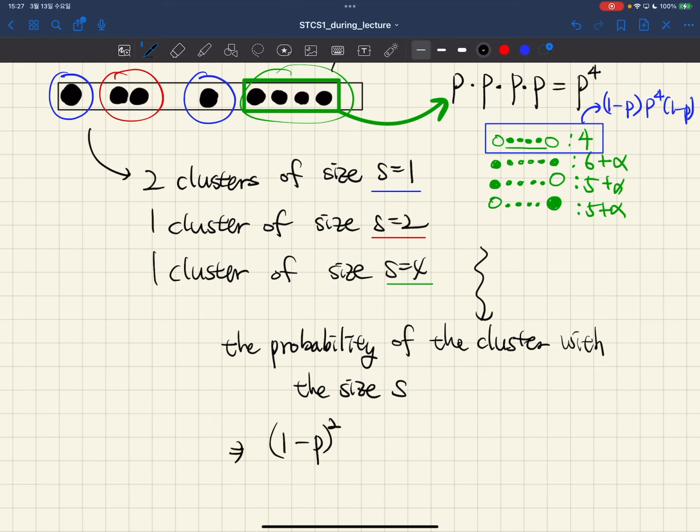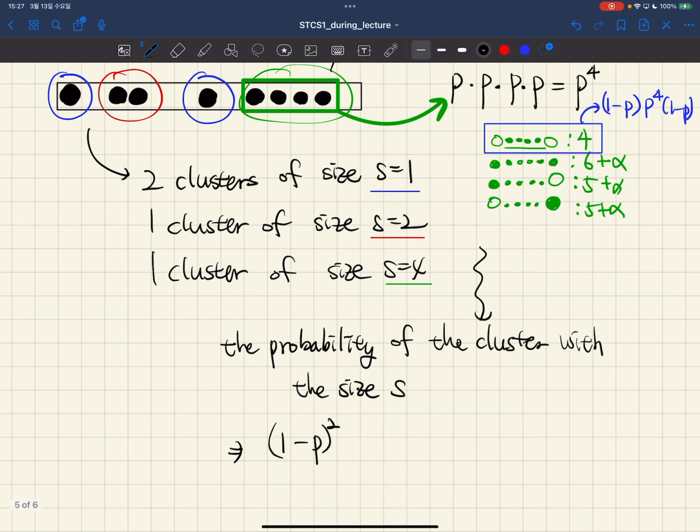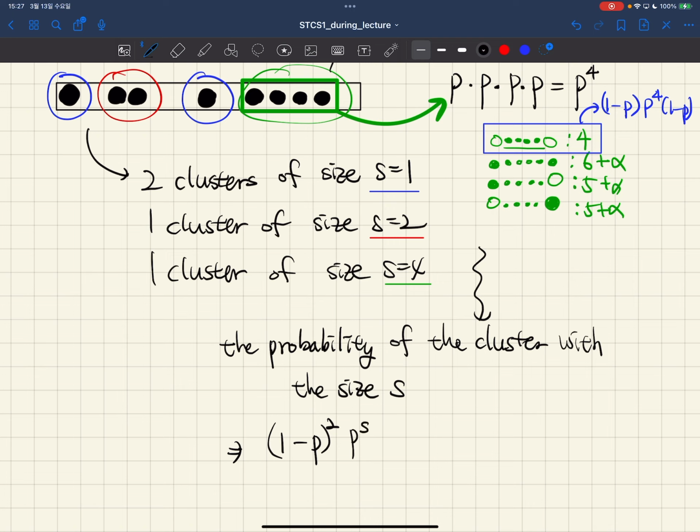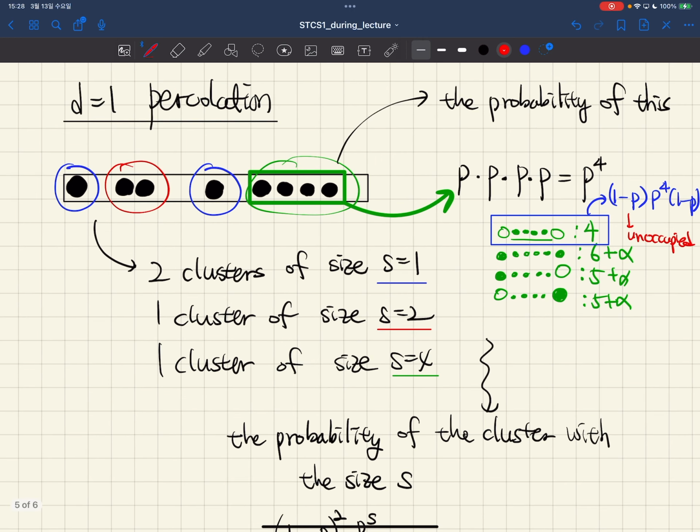This is a default one for the boundary part, and p to the power of s. Yeah. So this is exactly the exact probability of a cluster with the size s. So unoccupied, occupied, and again unoccupied.